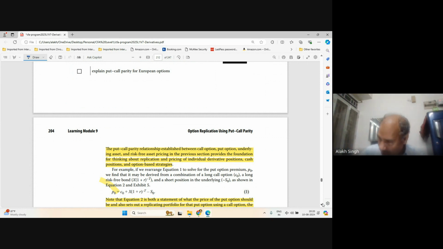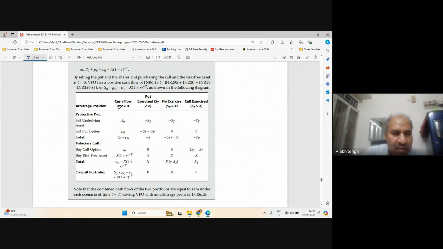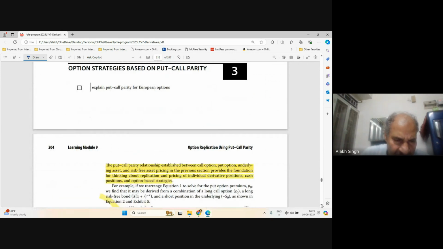At maturity the bond will grow to X, and the call will be in the money or out of the money, whatever happens. It explains that whether in the money, at the money, or out of the money, it will have the same payoff. It is just a repetition of what we did, so there is no point in discussing it. It will not add to your knowledge, just a waste of time.